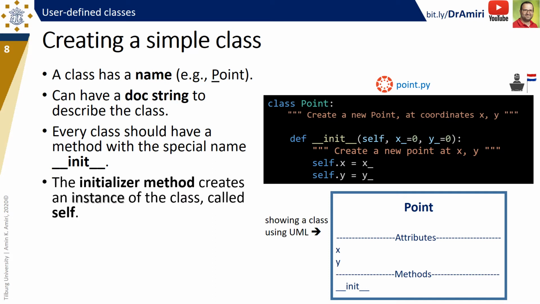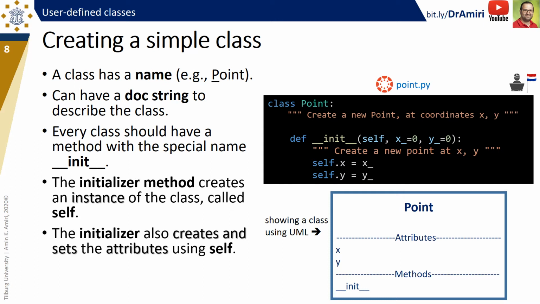This initializer method creates an instance of that class called self inside the class. So you can see here that self is the first argument of the init method, and when a class wants to be created, this method is called by Python.